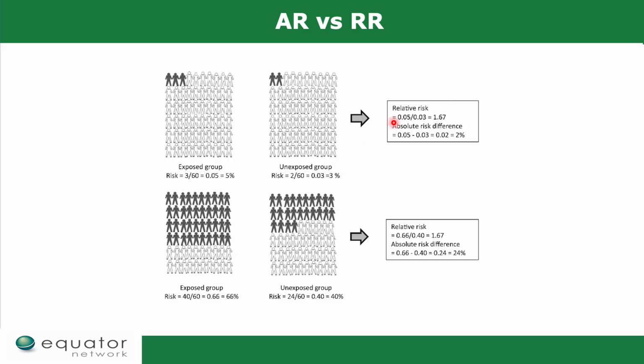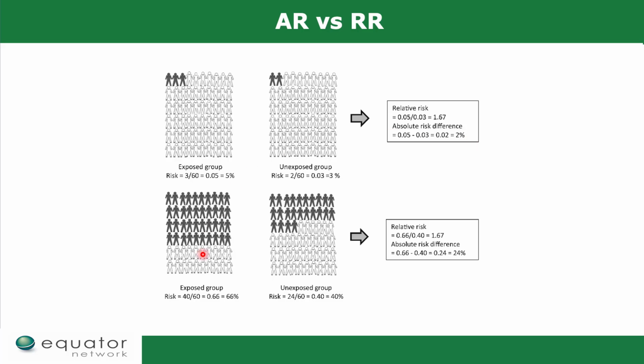So the relative risk is the division of them. So the absolute risk difference, 1.65, and the absolute risk difference or attributable risk is 2%. Okay, so this is a relative risk and this is an attributable risk.